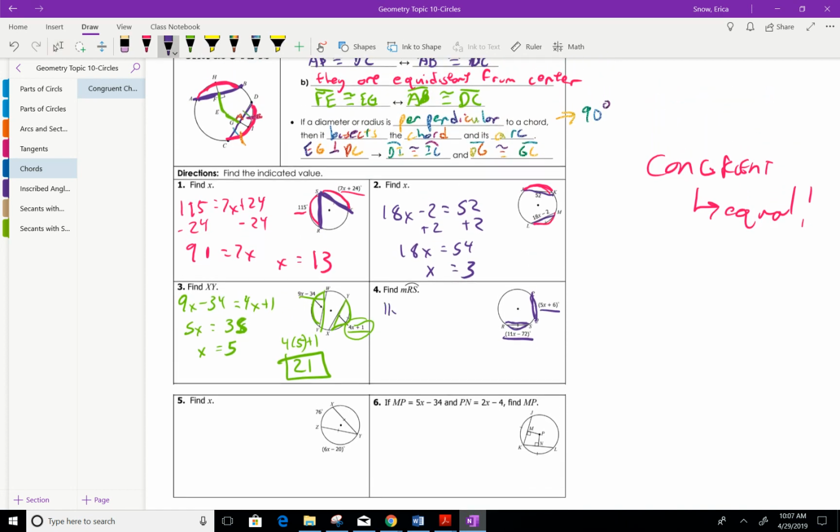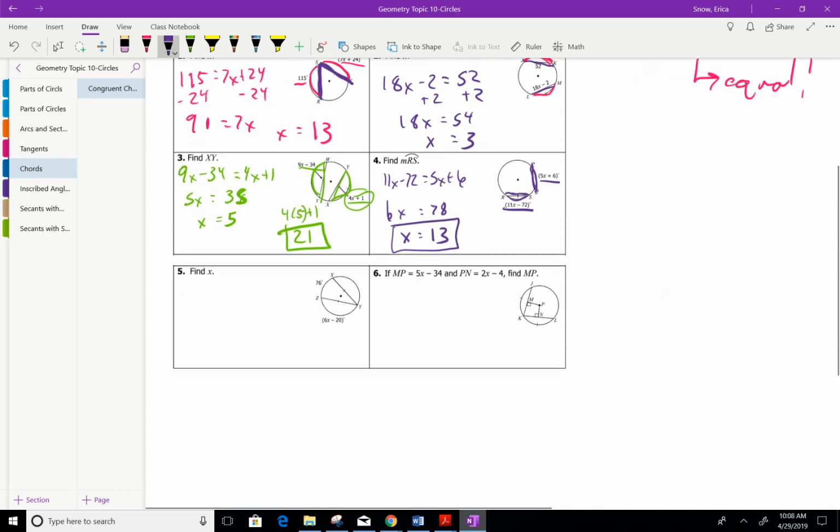So we have 11x minus 72 equals 5x plus 6. 6x, woo! 6x equals 78, and x is going to be 13. 13 must be that magic number today.